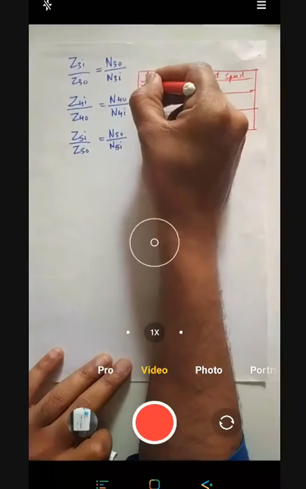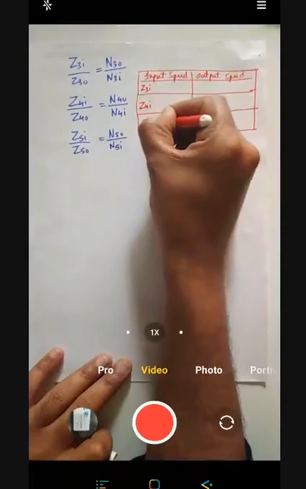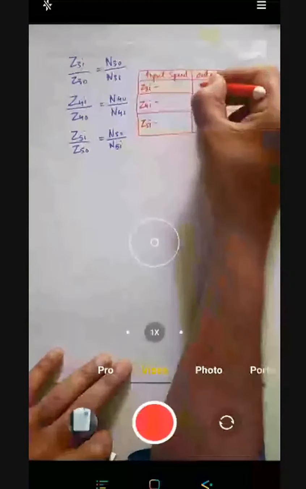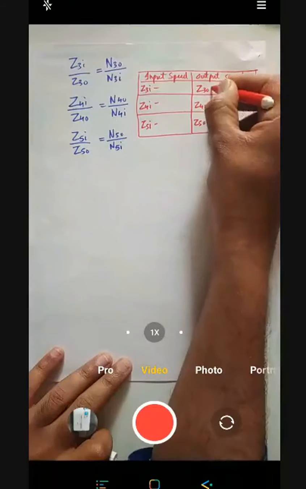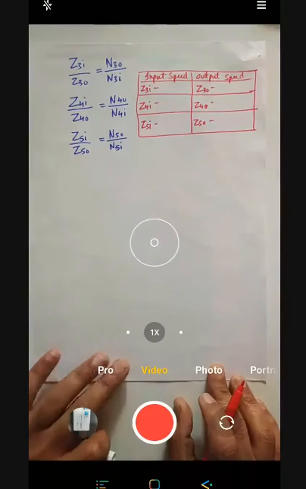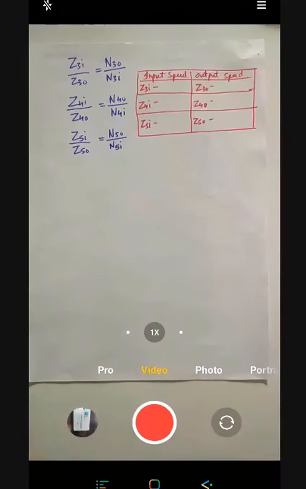Getting it? Z3 input, Z4 input, Z5 input, Z3 output, Z4 output, Z5 output. Now I have one question for you all. What do you think the input will change or input for all the three will remain same? क्या सोच है आपकी? कौन सा गेयर पर मैं बताइए.